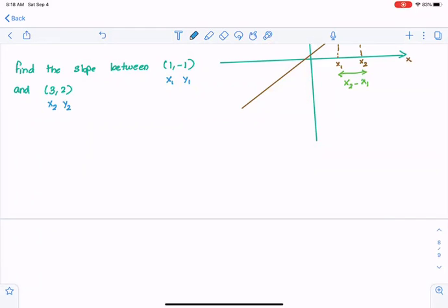Do keep in mind, it really doesn't matter which point is x1, y1 and which point is x2, y2. You can switch them around. But you do have to keep in mind that if you switch the x's, then the y's have to switch and vice versa. I tend to always call the very first point that I see as x1, y1, and the next point as x2, y2.